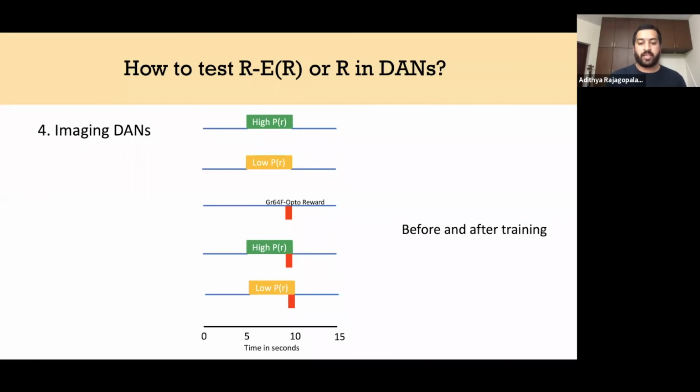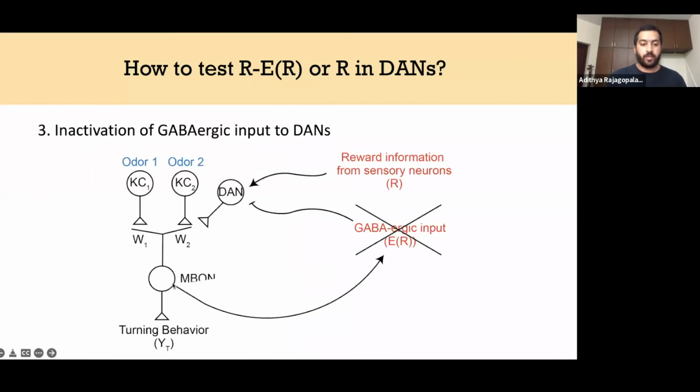And at the same time, as I mentioned, the mushroom body output neurons are in our minds representing the value signal.